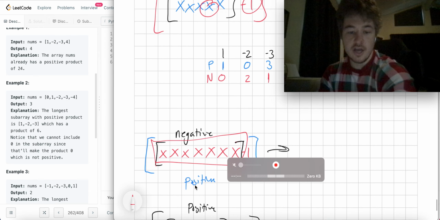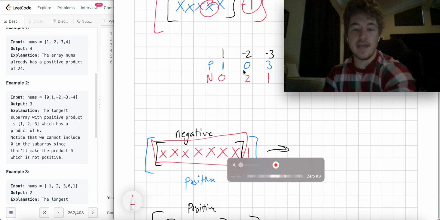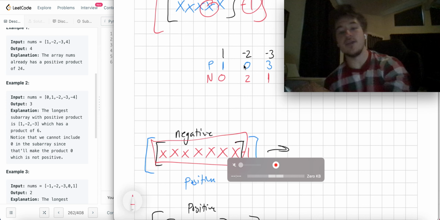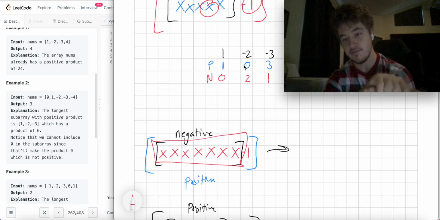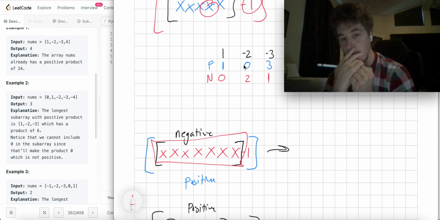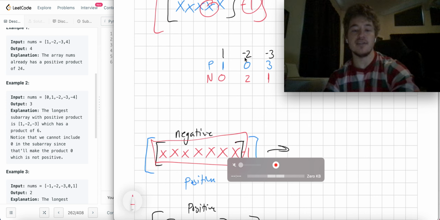If the number is negative, the length of the longest positive is 1 plus the length of the longest negative, if there's a negative. Because if there is no negative to attach yourself to, you can't make yourself longer. The negative can only make yourself longer if it can attach itself to something that's negative already. Like when I saw this negative 2, I didn't get a positive length of 1 because there's nothing to attach this negative 2 to.